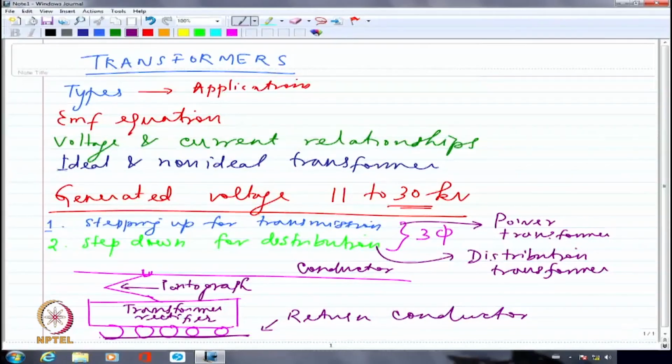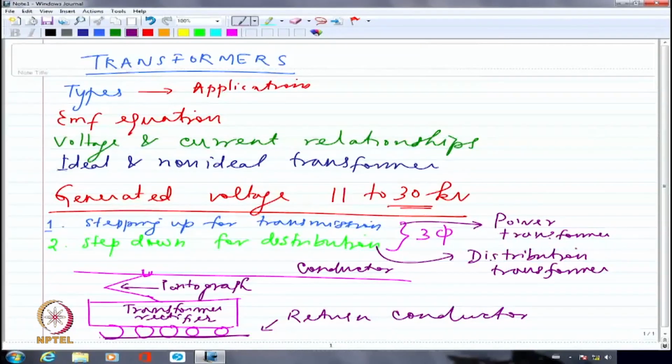Again, in terms of functionality, the power transformers will be functioning only when the corresponding generator is generating. Let us say the generator has been shut down for some reason, maybe for maintenance, maybe there is a fault, maybe some prime mover has gone crazy, something is wrong.